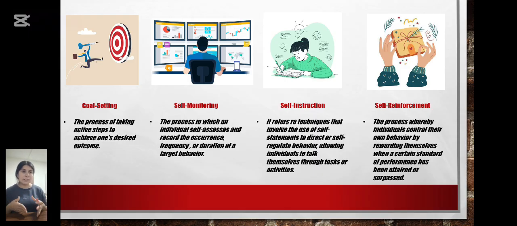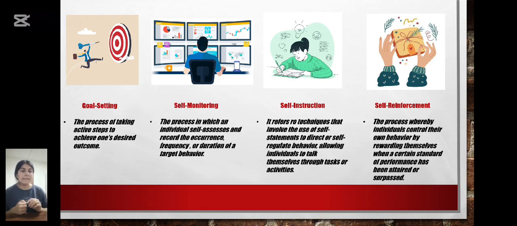Self-monitoring is the process in which an individual self-assesses and records the occurrence, frequency, or duration of a target behavior. So there we record our directions and what we are doing at this time. So we are monitoring ourselves.